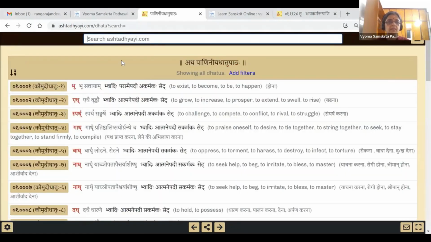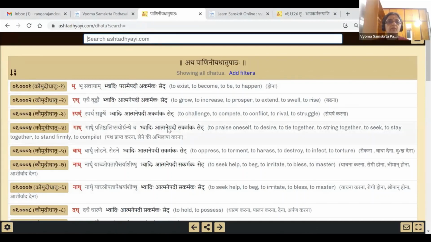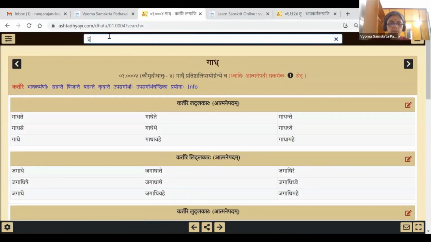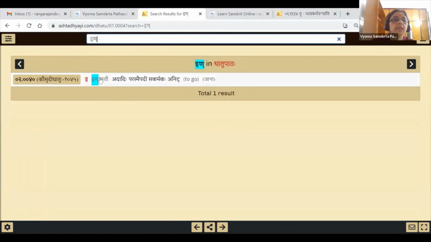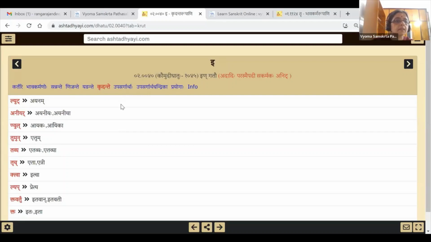So Ud is the upasarga, Ud and Eti. Very good. Uditaha. That is the reason. For Eti, if we check in Gatau, the Kridanta is Itaha.